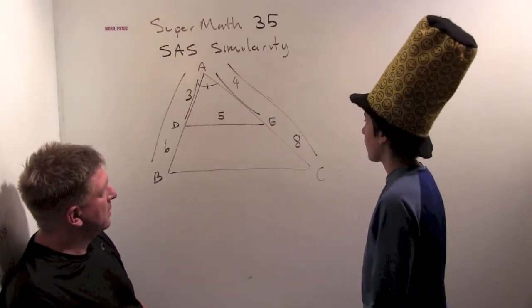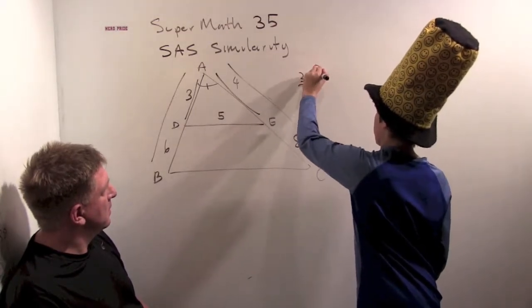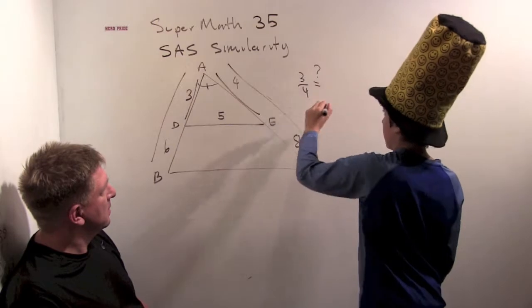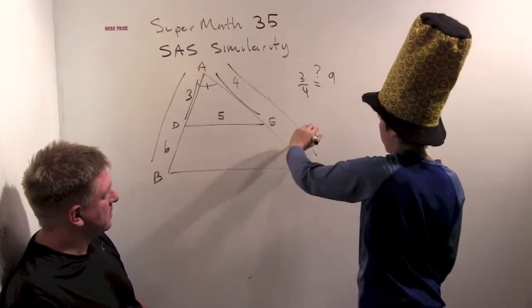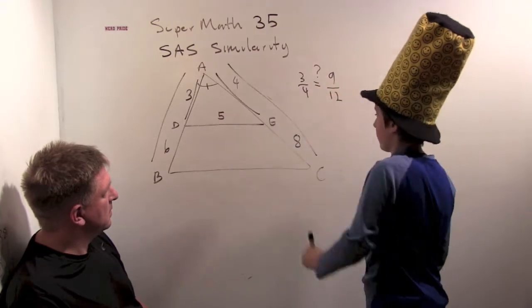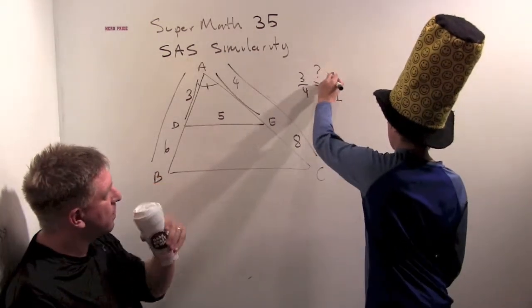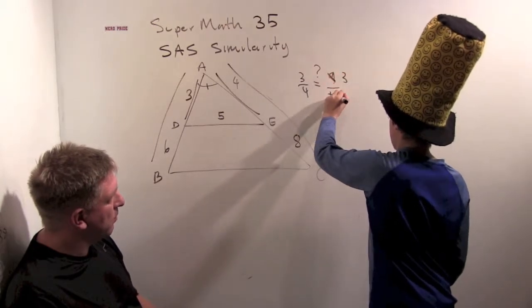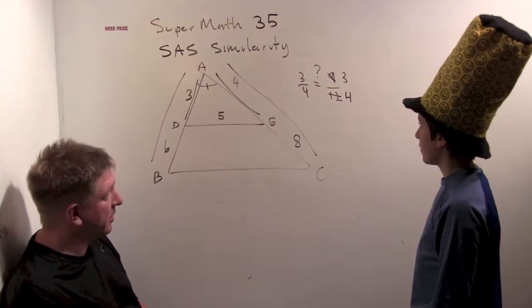So we have 3 to 4. Does this equal 9 to 12? So we can cancel 3. So this does work.